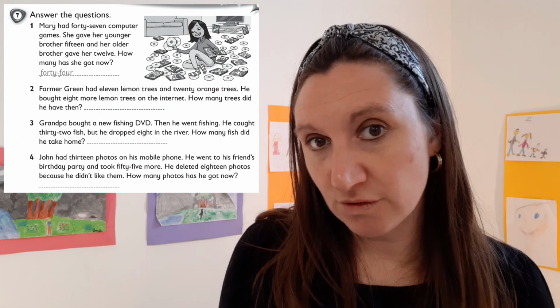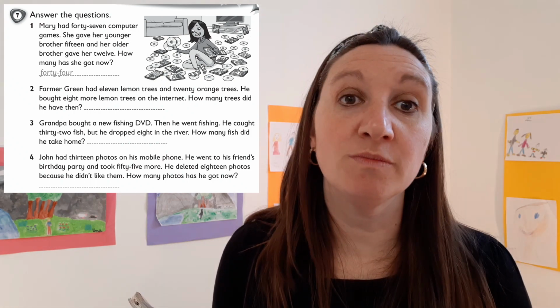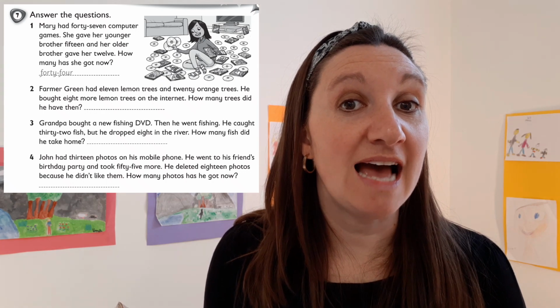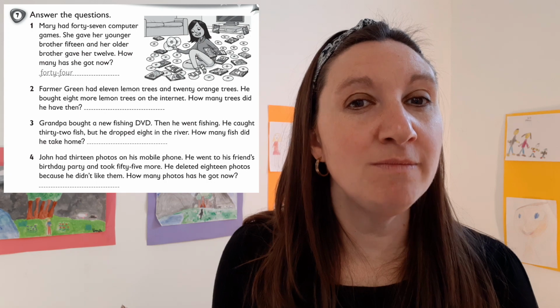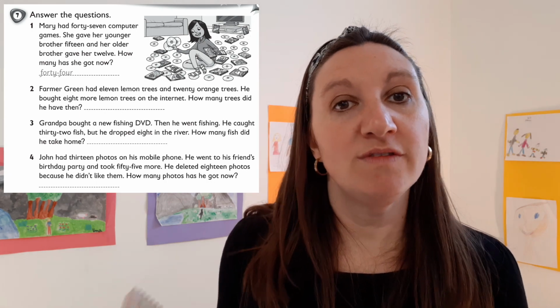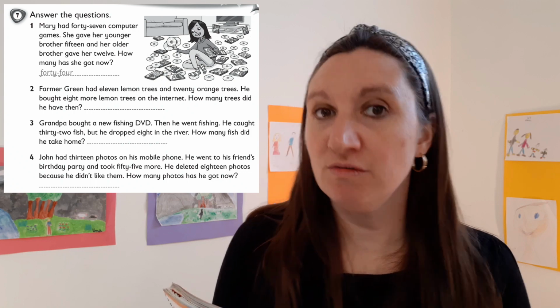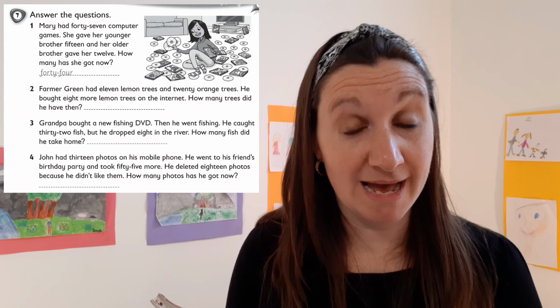Mary had 47 computer games. She gave her younger brother 15 and her older brother gave her 12. How many has she got now? So we've got to work out, we can write the numbers down to help us to work out our maths.